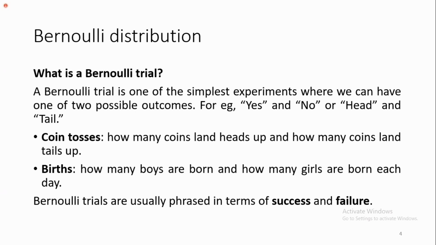How? If you take getting number 6, if you roll a fair die, as a success, okay. Now success is defined as getting number 6 when we roll a fair die. So we can think of getting any other number as a failure.